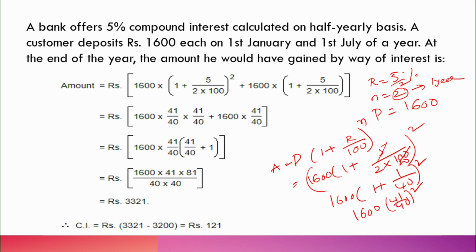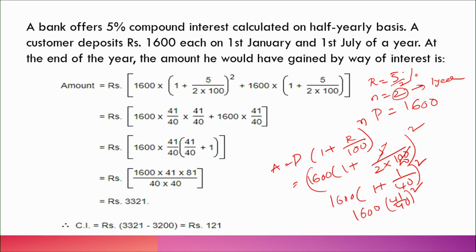We are calculating the interest at the end of the year, that is 31st December, so the first 1600 is for 2 half years. The next 1600, deposited on 1st July, is for 1 half year. That is the reason it is 1 plus 5 by 200, only to the power 1. Do you understand this step?